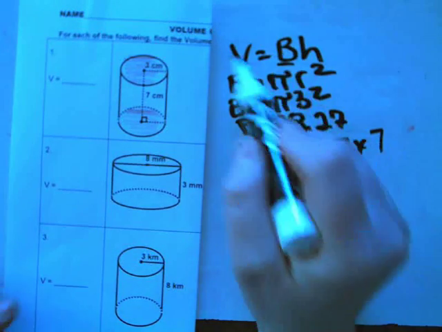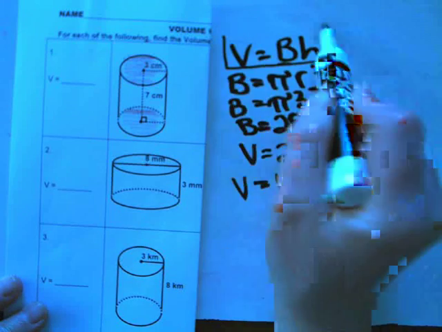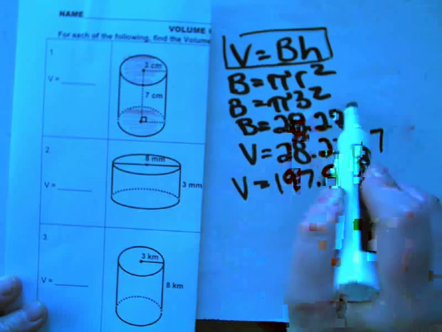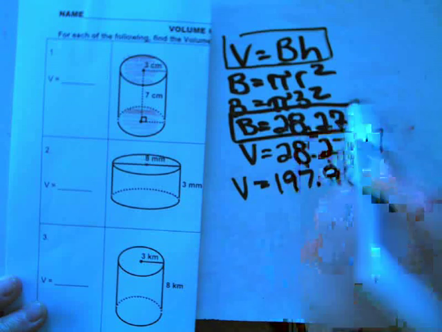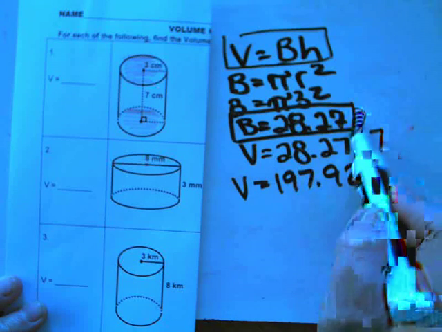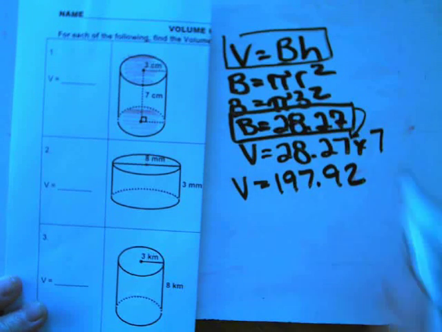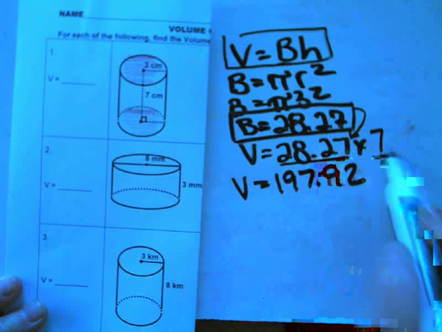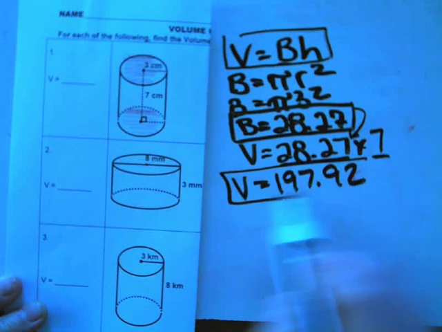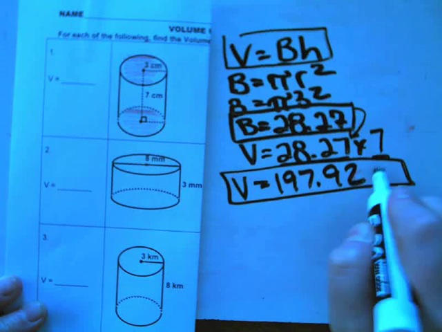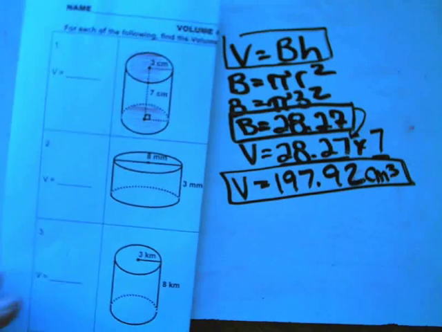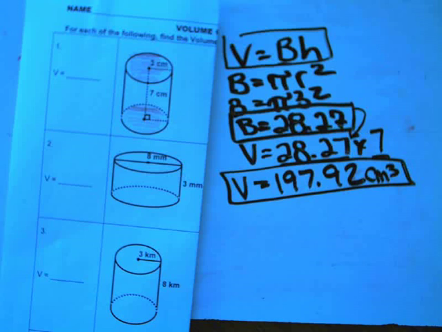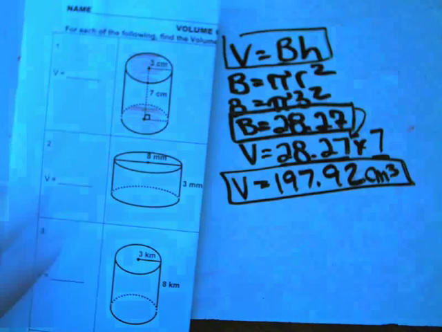So you see, I had my original formula, volume equals base times height. Then I found my base. I plugged my base into the original formula. So that was the base, that's the height. And then I got my value here, and that should be cubic centimeters. Okay, 197.92 cubic centimeters. Okay, we'll look at another example.